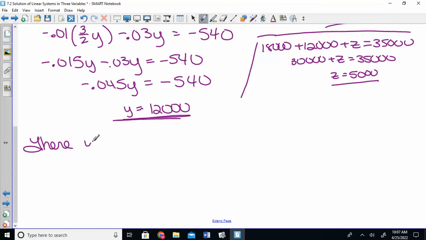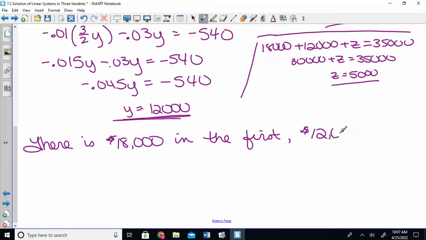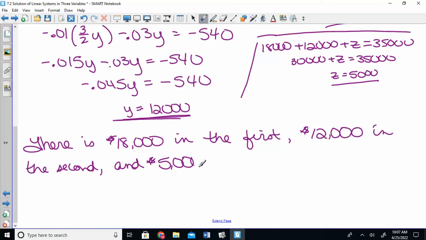And actually, since it was a word problem, let's write it in a sentence. So there is 18,000 in the first, $12,000 in the second, and 5,000 in the third.